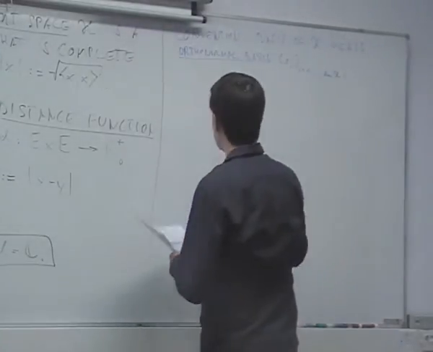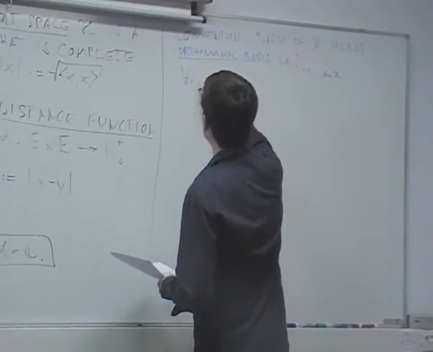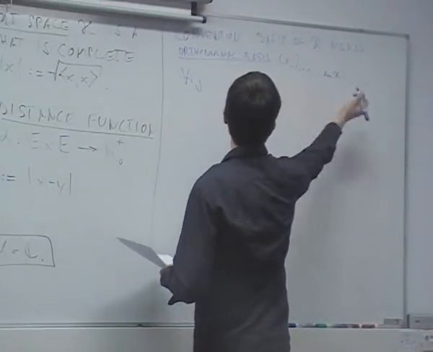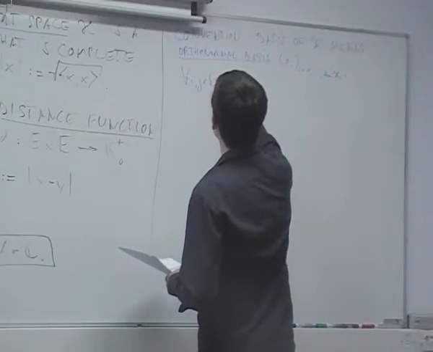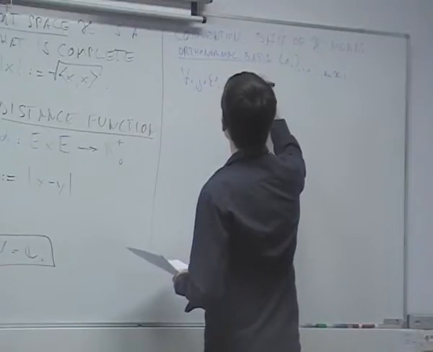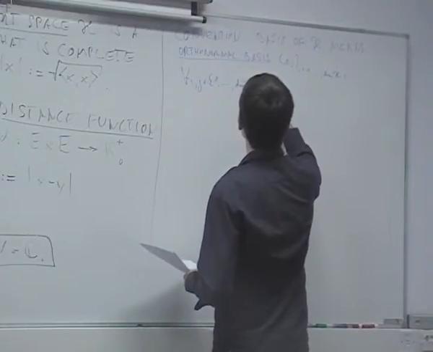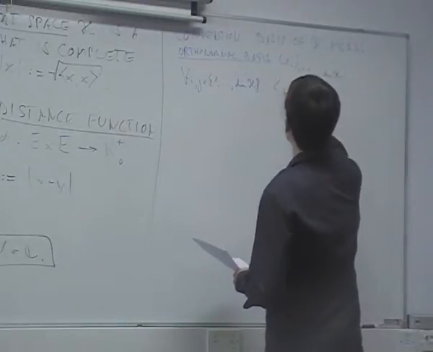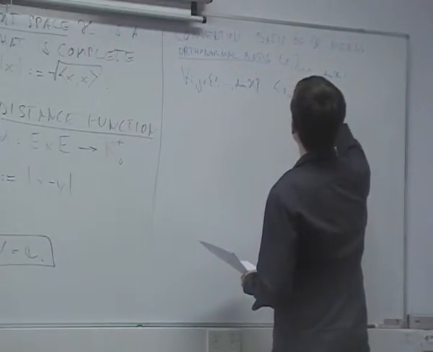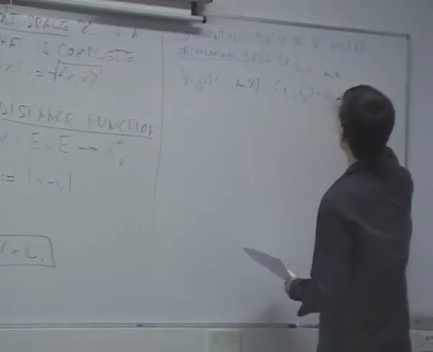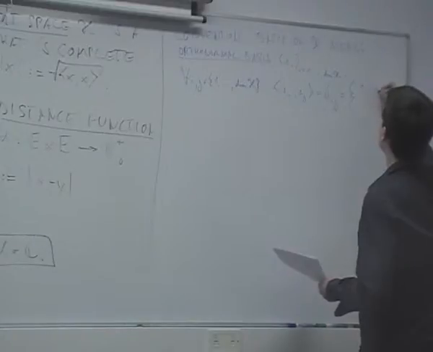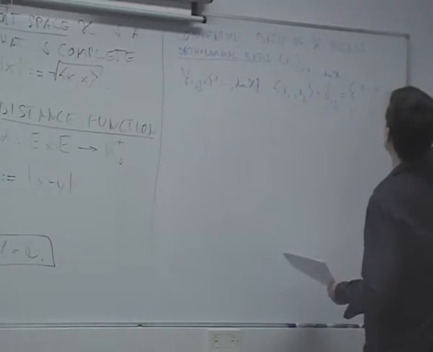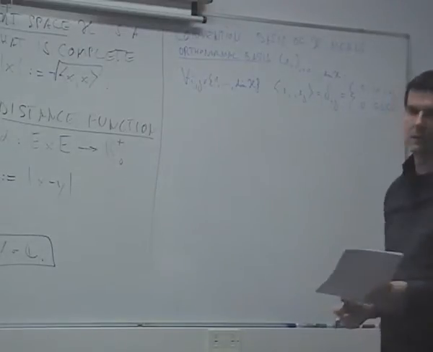This just means that for all i, j in this index set, so in the set 1 to dimension H, we have that the scalar product of e_i with e_j is the Kronecker delta ij, which is 1 if i equals j, 0 if not.